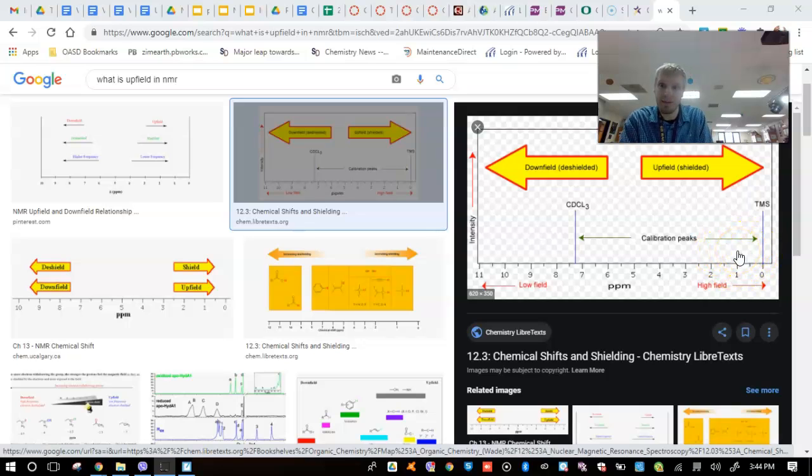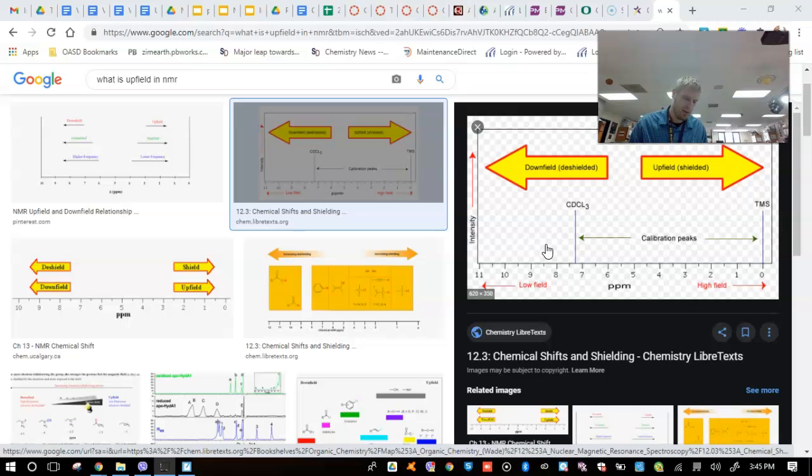The entity next to that carbon that has a hydrogen attached is not very electronegative. But the more electronegative the entity, the more downfield it'll go, because it'll de-shield those hydrogen protons.